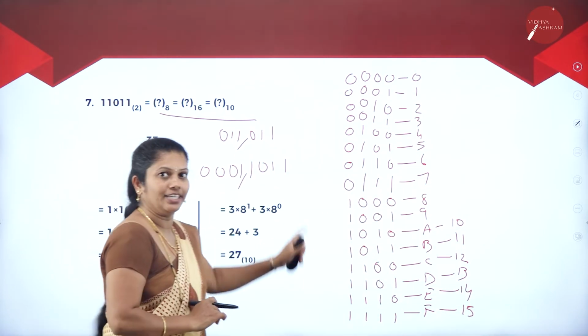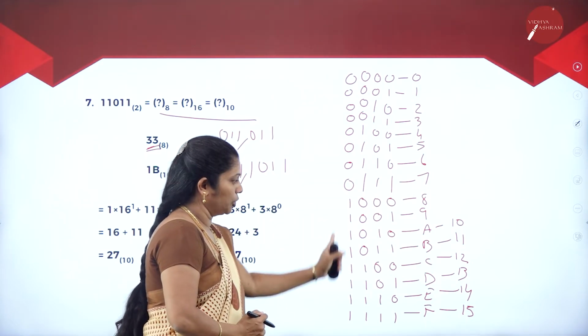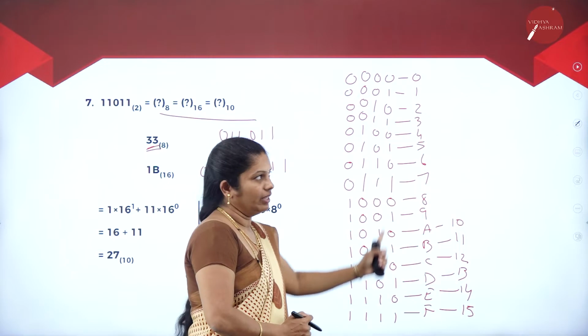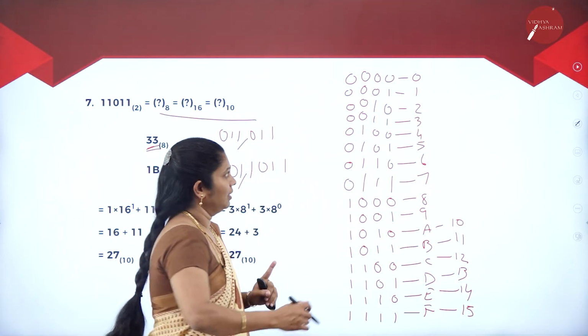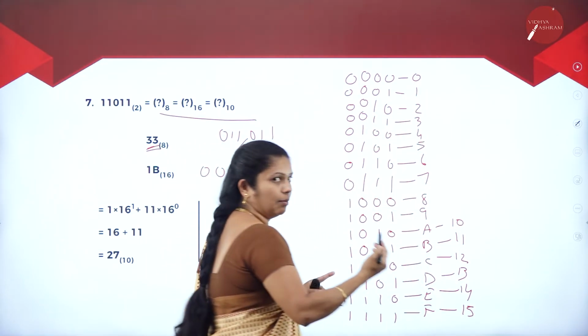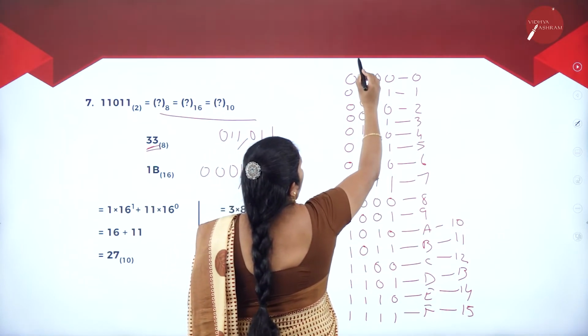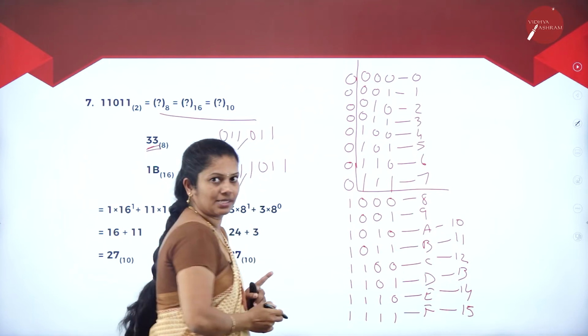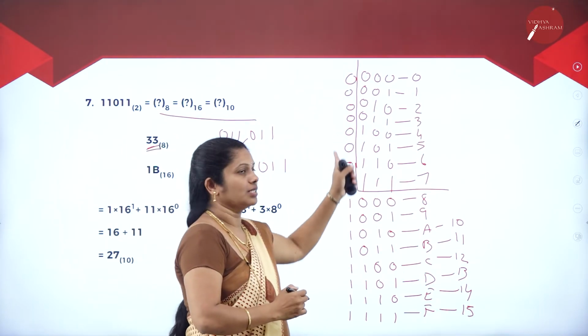See how to identify this? Write 8 times 0, 8 times 1, then 4 times 0, 4 times 1, 2 times 0, 2 times 1, then alternating 0, 1, 0, 1. Write down their binary value as well as decimal and hexadecimal numbers. If it is an octal number, consider only 3 bits. If it is a hexadecimal number, consider 4 bits.